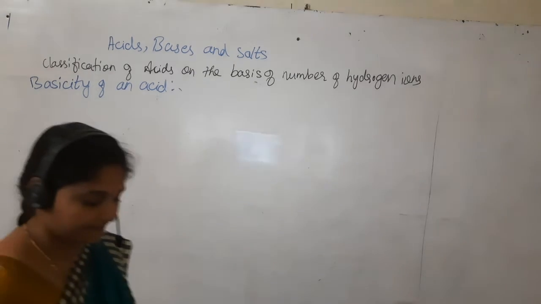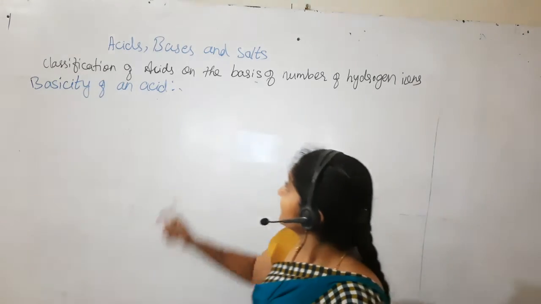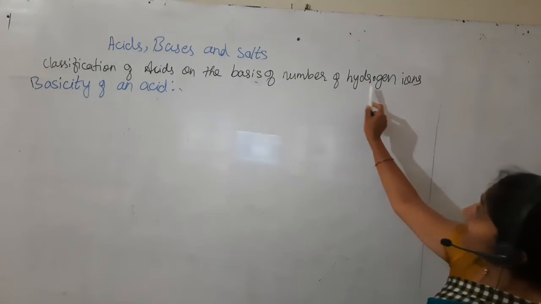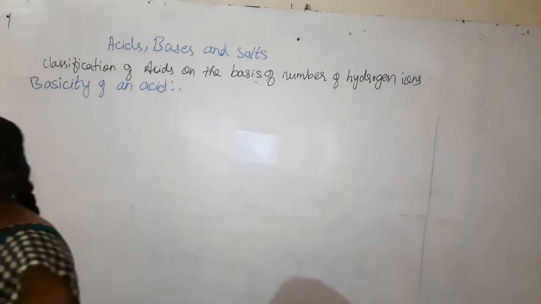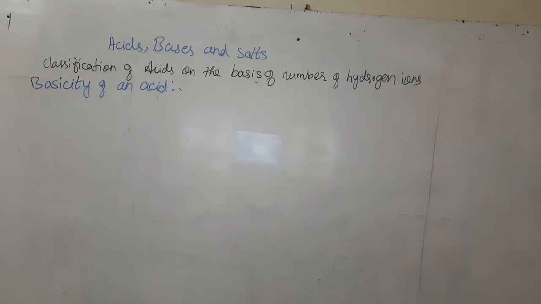The number of hydrogen ions produced in aqueous solution by one molecule of an acid is its basicity. How are we going to write that?